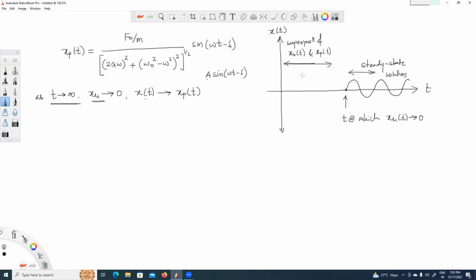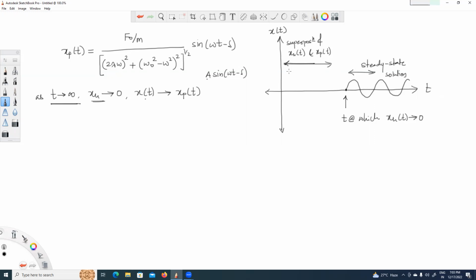Drawing this graph is quite critical, but not impossible. You can use plotters like MATLAB, plot these two solutions, and add them up to see how it looks. You'll definitely see that at higher times the solution becomes only this, which is periodic without decaying its amplitude.